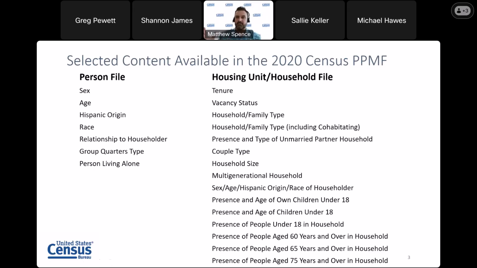So what kind of content is available? Well, we've got two columns here. One thing to note up front is that there are two different files that make up the PPMF. One of which is the person file.